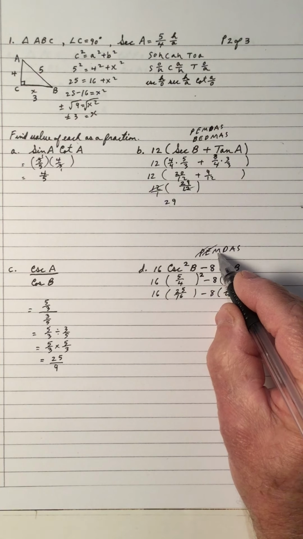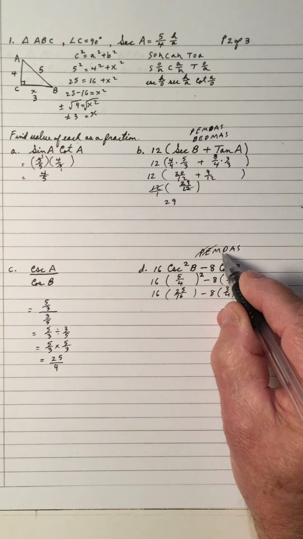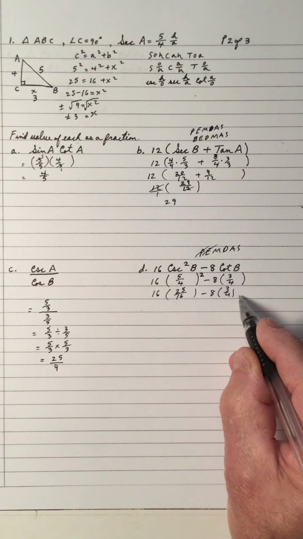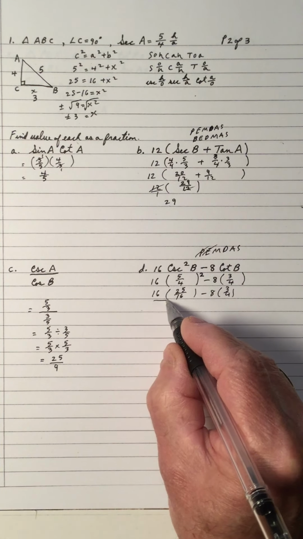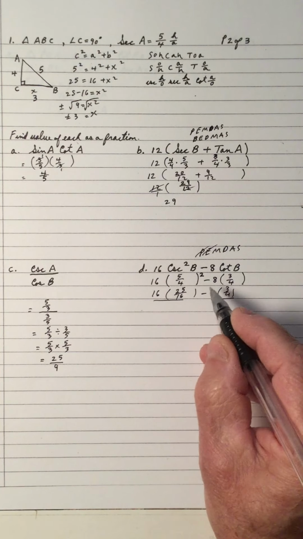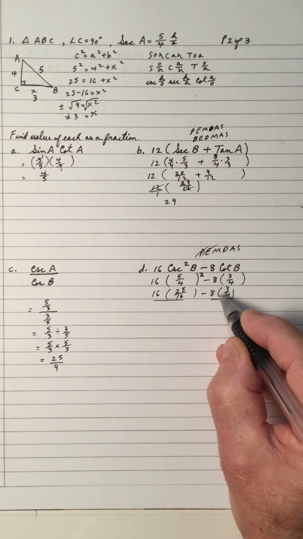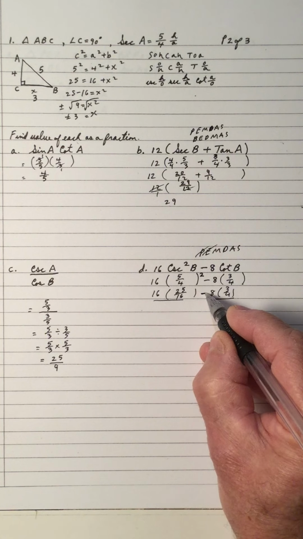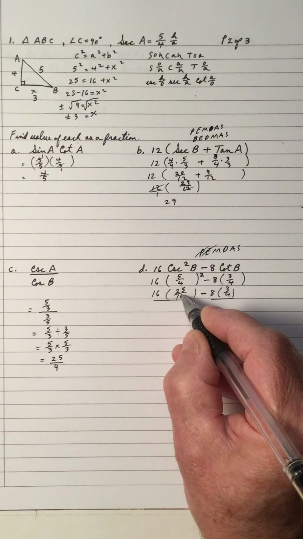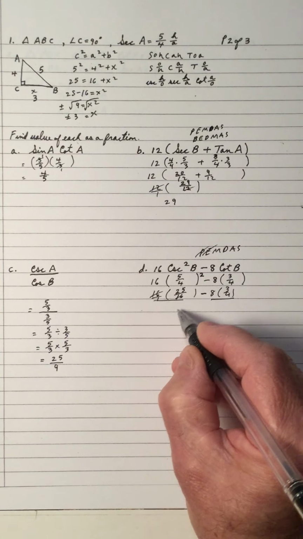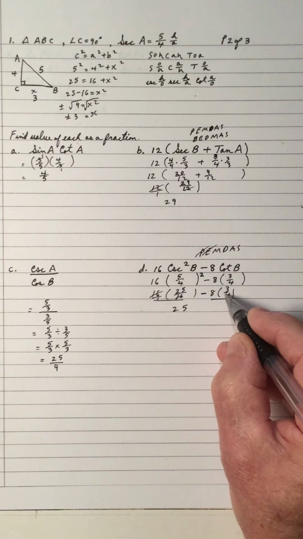Now we have to multiply or divide from left to right. So I have to go from left to right, multiplying and dividing. I'm going to multiply this first, and then multiply this one. We're going to subtract last. 16 times this, 16 over 1, we cancel the 16 to get a 25.